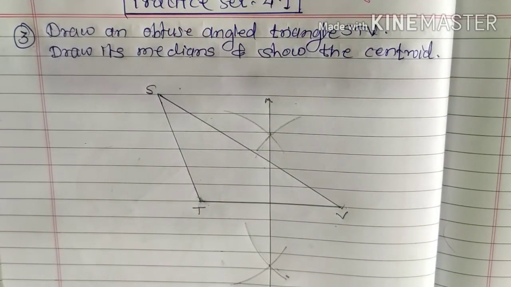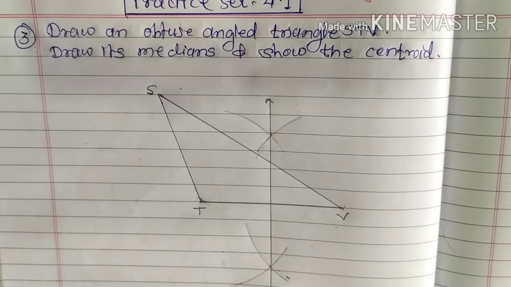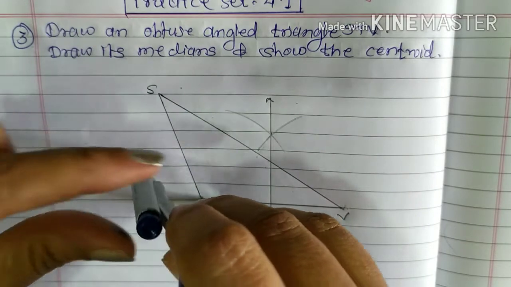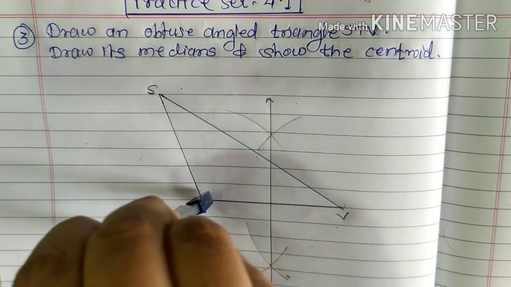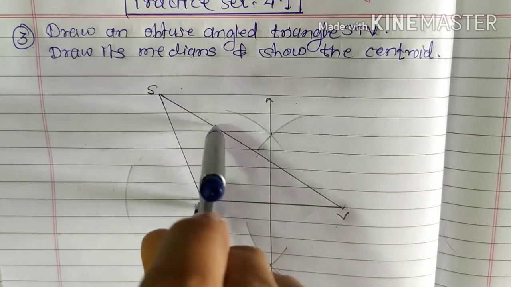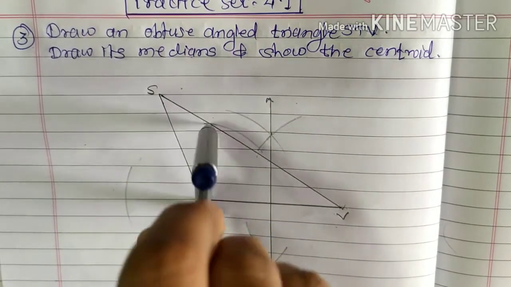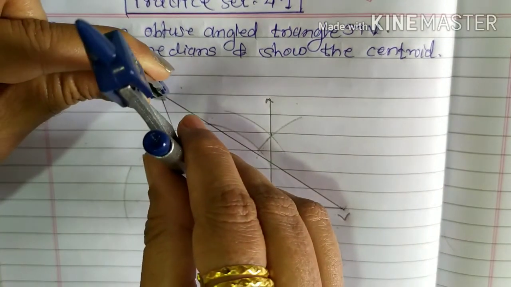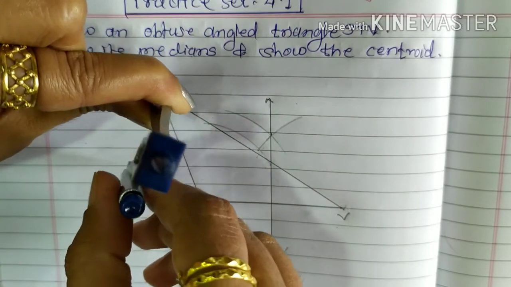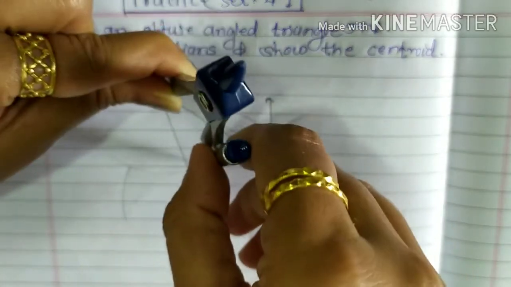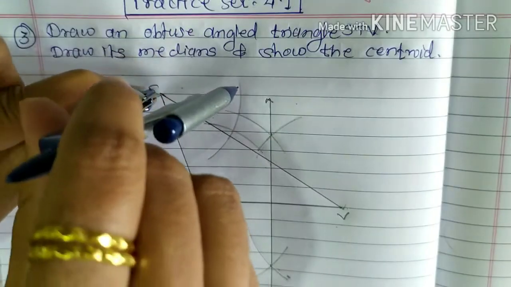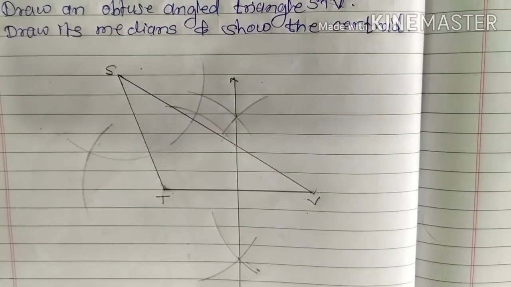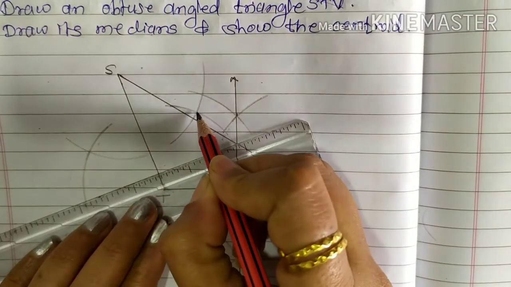Then bisect the line ST. Again we take a distance more than half of ST and make arcs on both sides. Put the compass on the point S. Then join these two points.